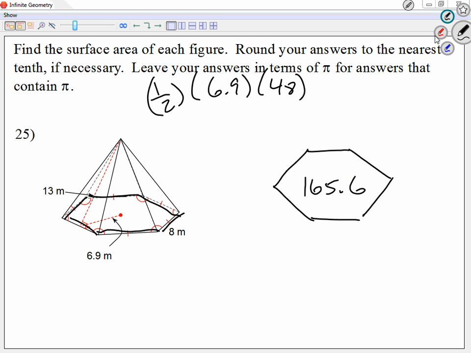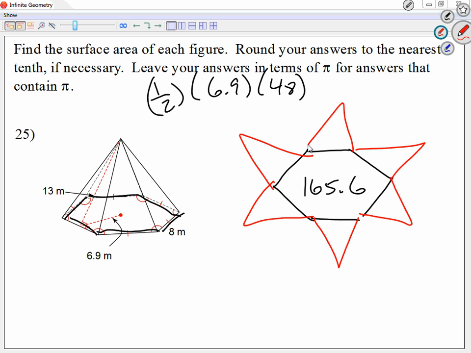Now, on pyramid, there's the base, and there's a bunch of triangles, one triangle on each side. In this case, 6 triangles. If I look at one triangle, the two numbers that cross the 90 degrees are 13 and 8. I know this side is 8 because each side is 8. So for the triangle, I'm going to go 1/2 times 8 times 13.